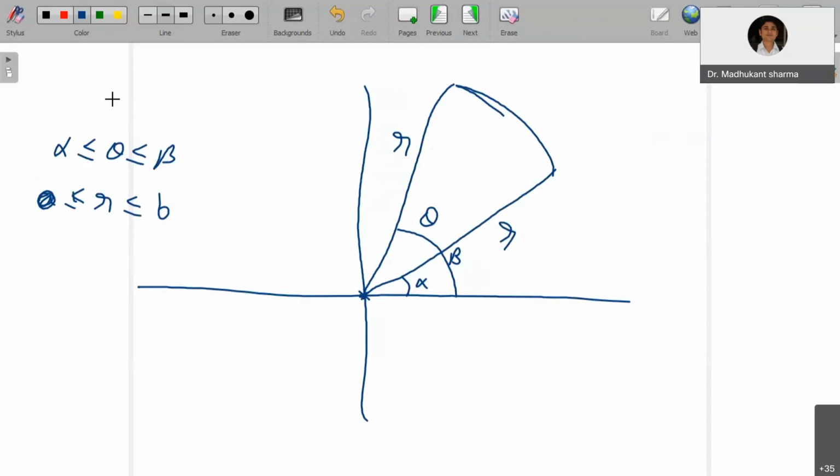Let's try to find out the area of this polar rectangle. How do you find the area of this polar rectangle? Can anyone tell? Can I implement the fact that the area of the circle is pi r squared here?